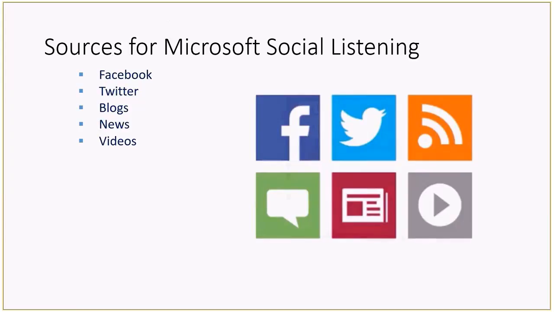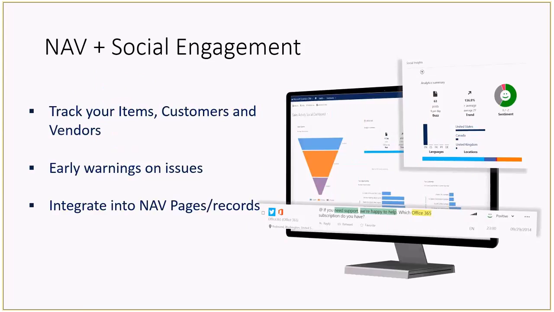When it comes to NAV and social engagement, mainly out of the box, you can track the items that you're selling, your customers, and your vendors. These are available out of the box, and you can also get early warnings on issues by looking at the sentiments, and you can integrate the social engagement directly into your NAV pages and records.